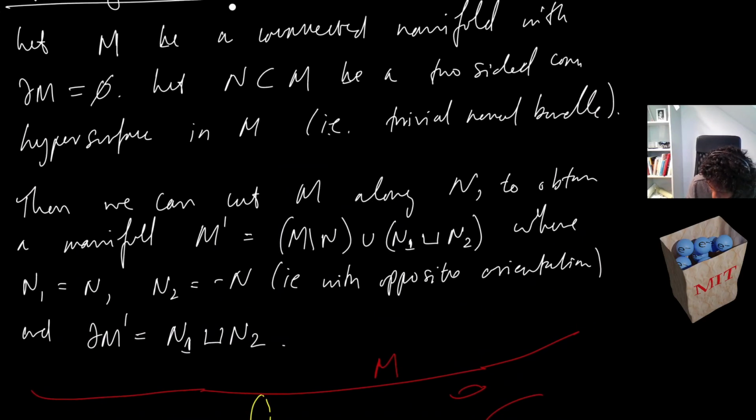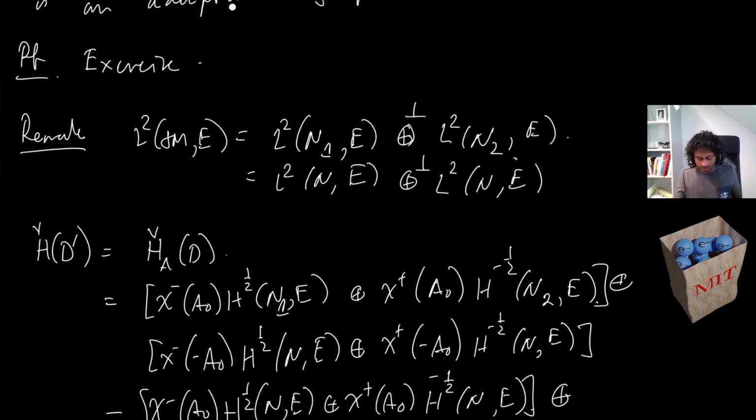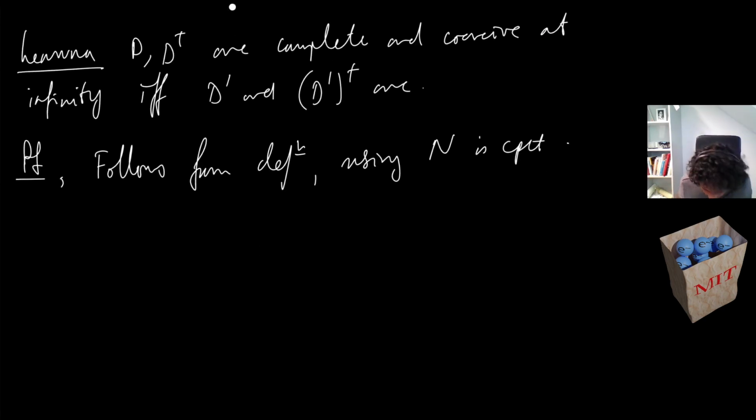Two-sided compact hypersurface. That's a more serious omission than having boundary, not saying it's compact. We have to really cut it along something compact. So this follows from the definition using the fact that N is compact, and I'll just leave it as an exercise.